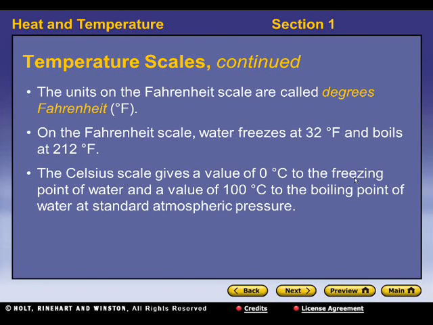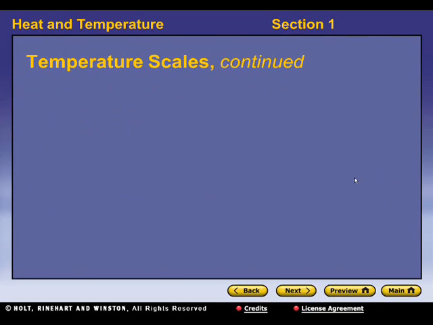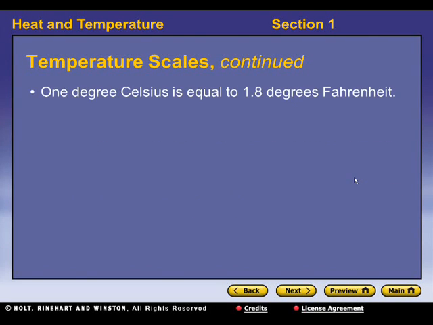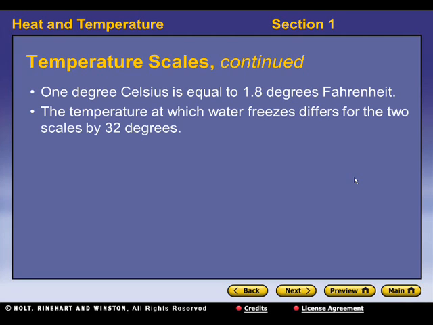The Celsius scale gives a value of 0 degrees to the freezing point of water and a value of 100 degrees to the boiling point of water at standard atmospheric pressure. 1 degree Celsius is equal to 1.8 degrees Fahrenheit. So the temperature at which water freezes differs for the two scales by 32 degrees.